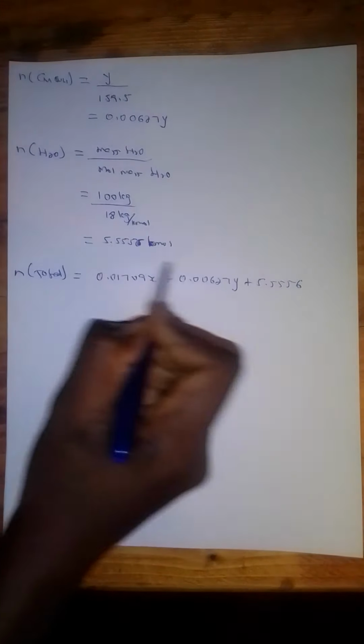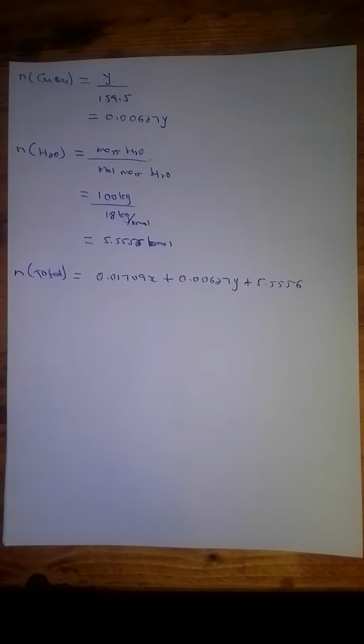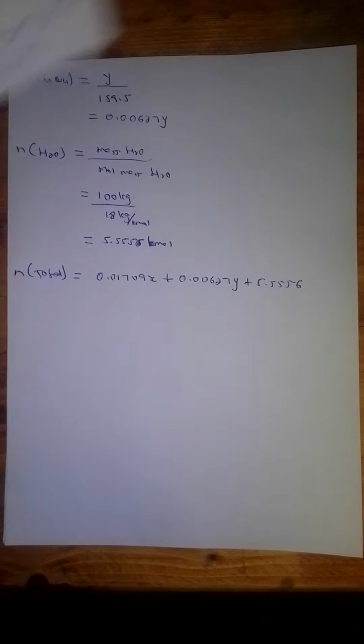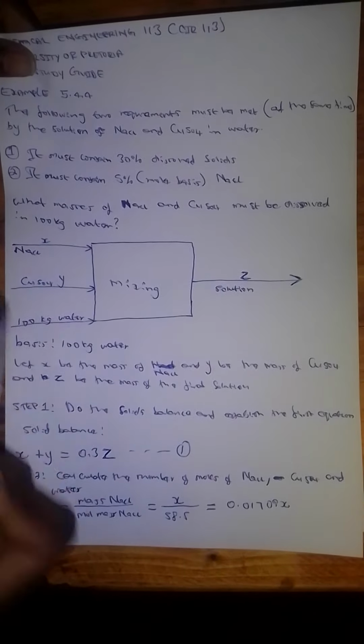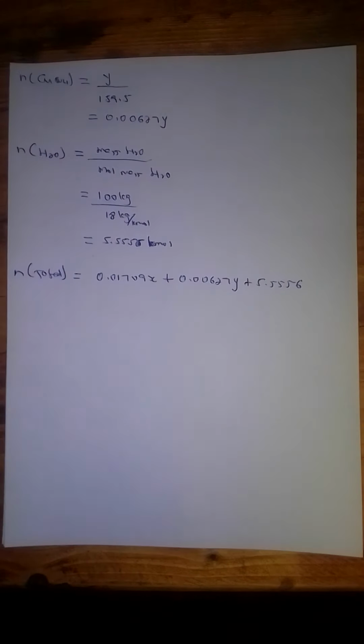So this is the total number of moles of the solution, because the solution contains X, Y, and 100 kilograms, and the total of it is Z. With that said, we are done with our step 2.